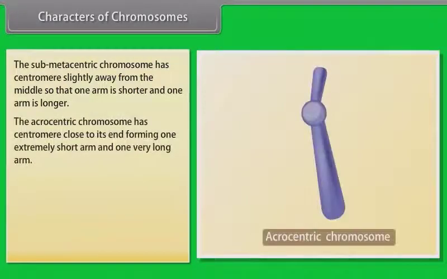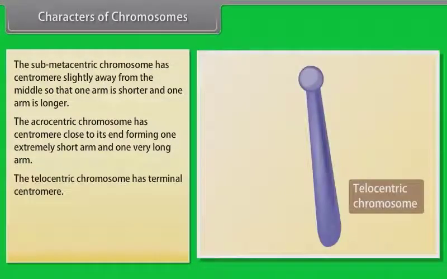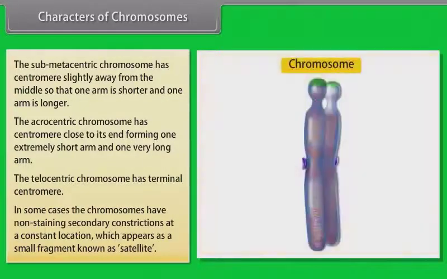The acrocentric chromosome has centromere close to its end, forming one extremely short arm and one very long arm. The telocentric chromosome has terminal centromere. In some cases, the chromosomes have non-staining secondary constrictions at a constant location, which appear as a small fragment known as satellite.